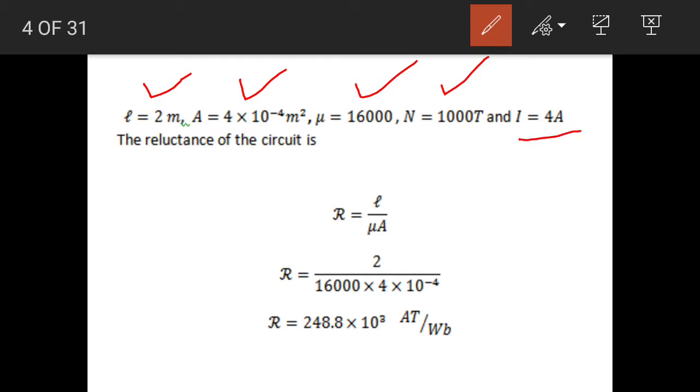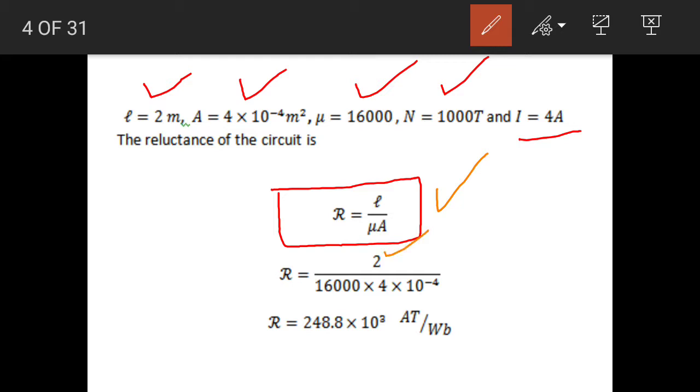We use this particular equation to calculate the reluctance of the magnetic material of the magnetic circuit. So we put the values in this equation. The mean length of the material is 2.